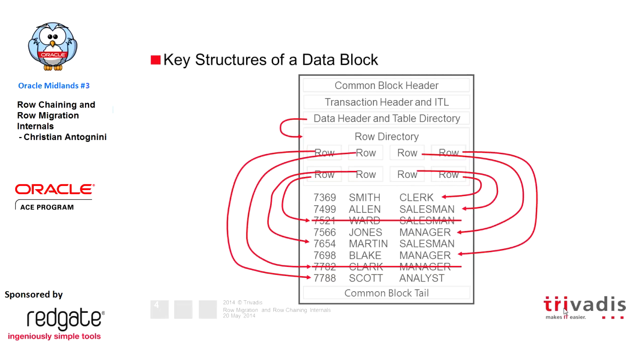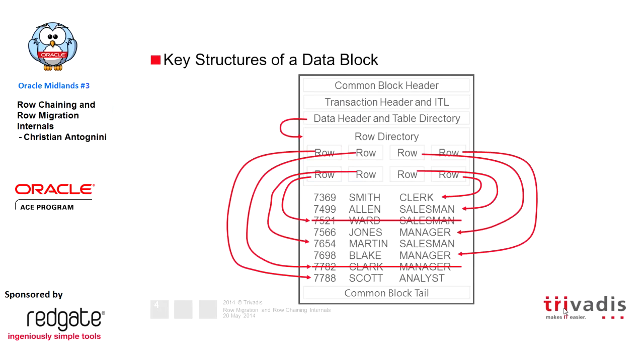If you take a restricted row ID, you have the file number, block number, and row number. The row number is the offset inside the row directory, not the position of the row. The row, as you will see later on, can change position inside the block. So it's just the logical row number.